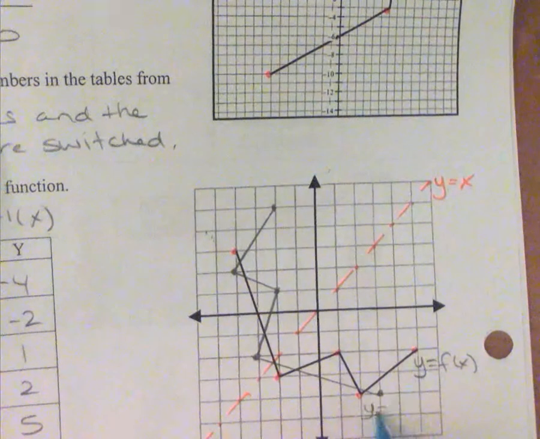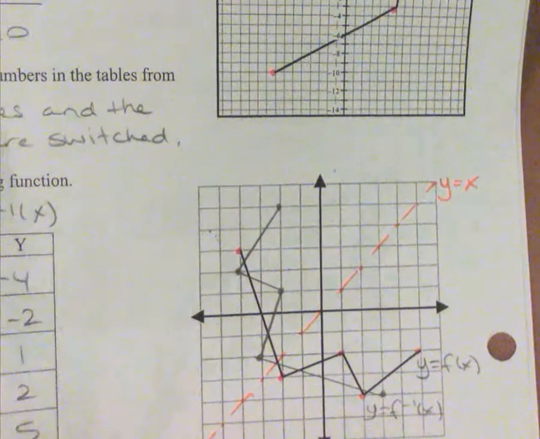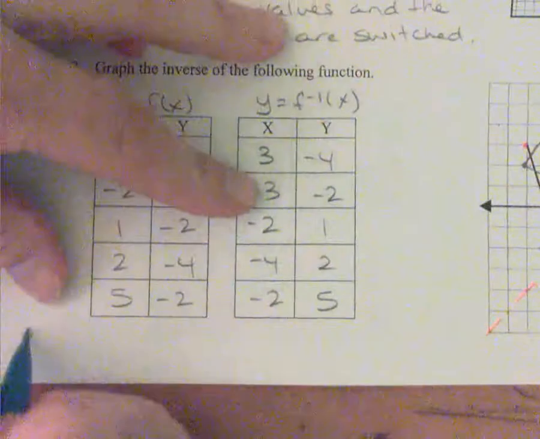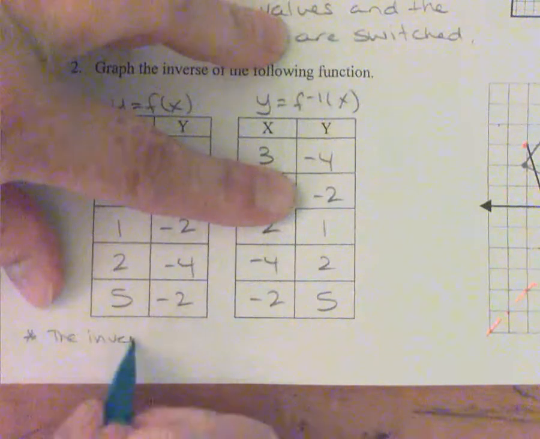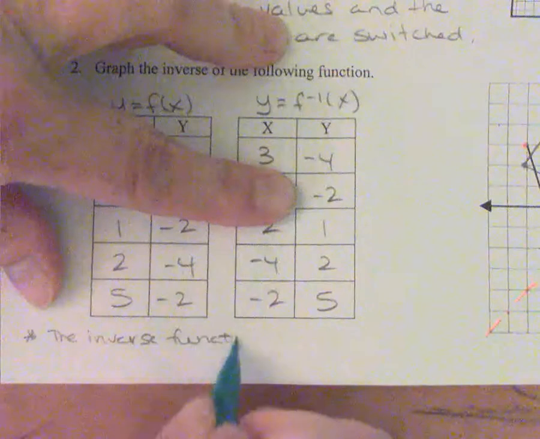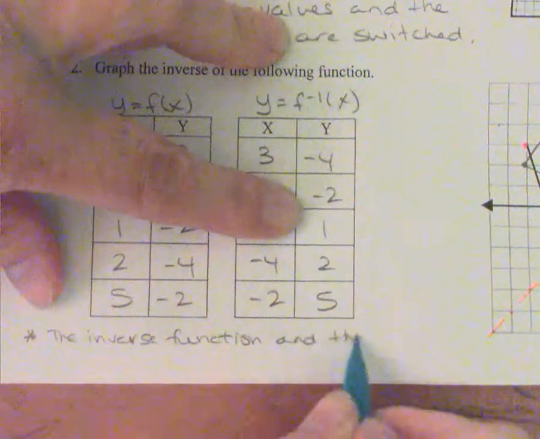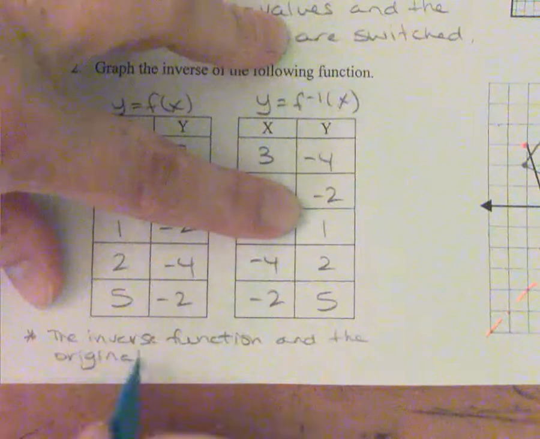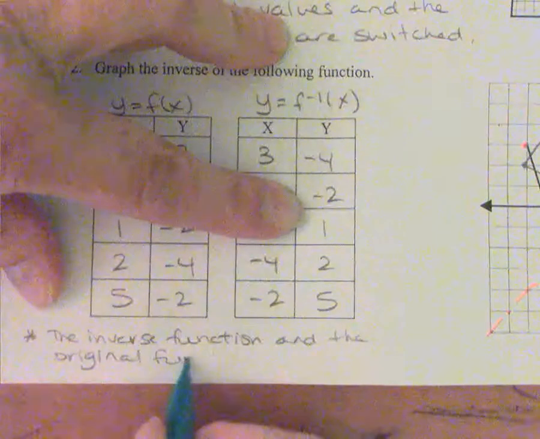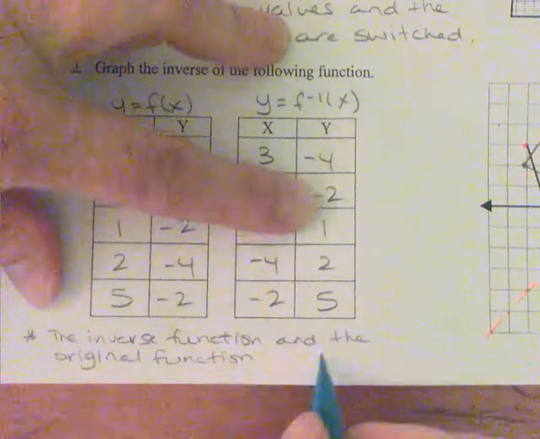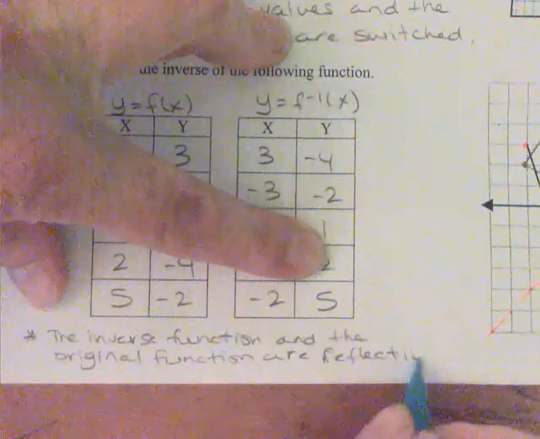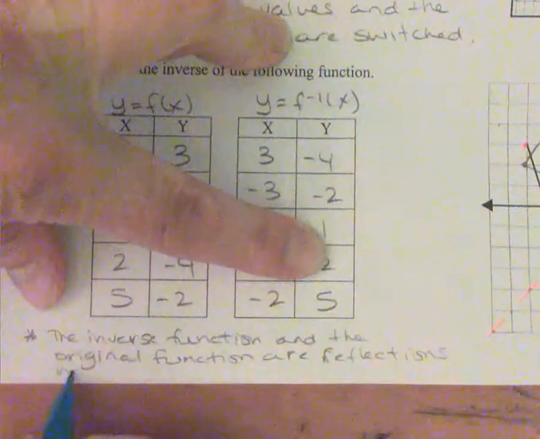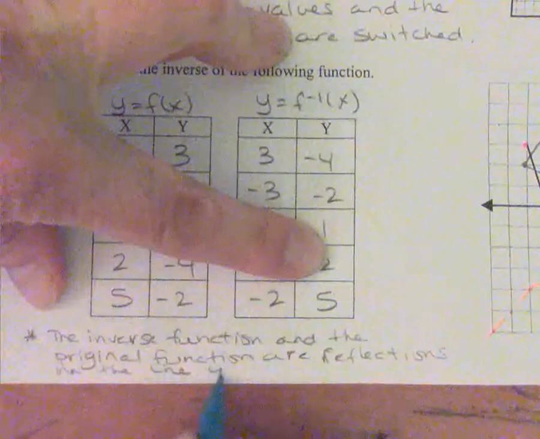This is y is equal to f inverse of x. So if I write that down, the inverse function and the original function are reflections in the line y is equal to x.